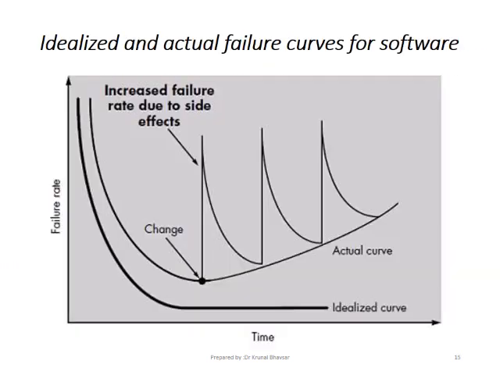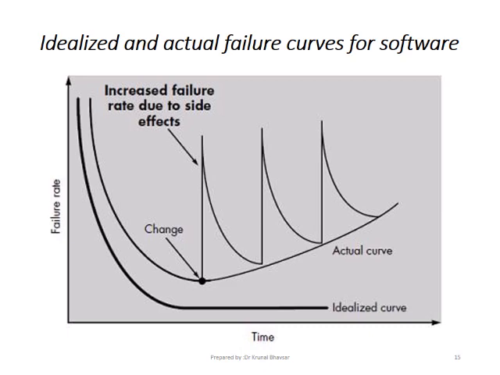Let's talk about the idealized and actual failure curves for software. Before that, we checked the hardware failure rate. Now we can check the curve for software failure rates. On the same x-axis, time, and y-axis, failure rate.